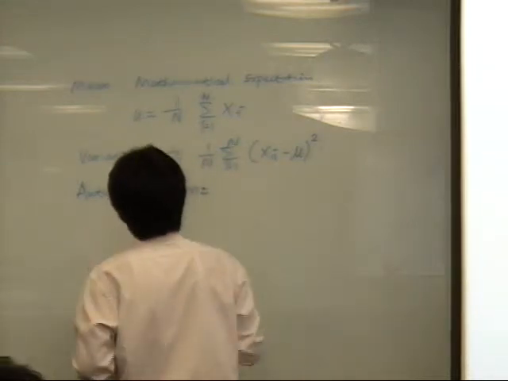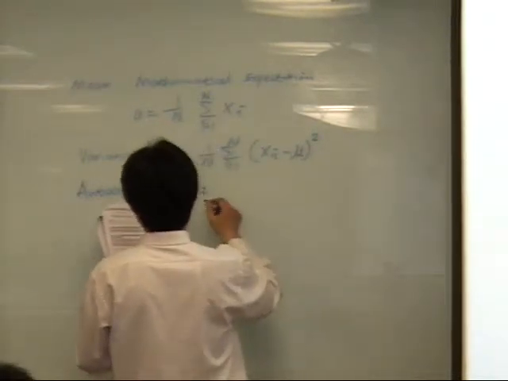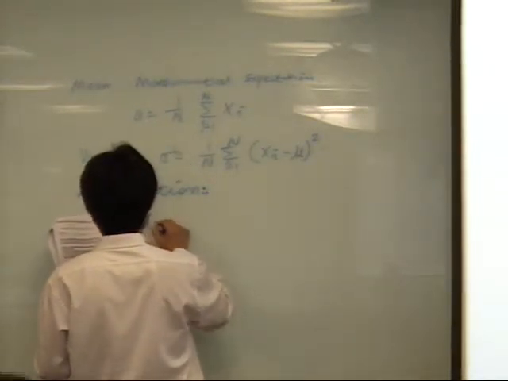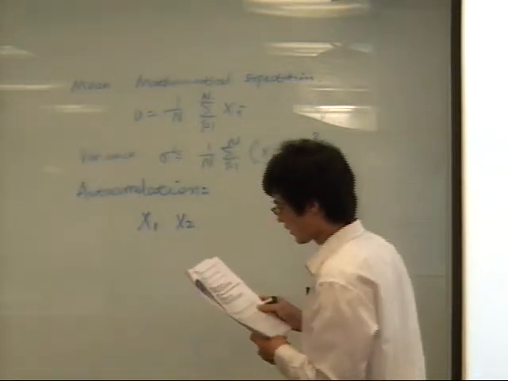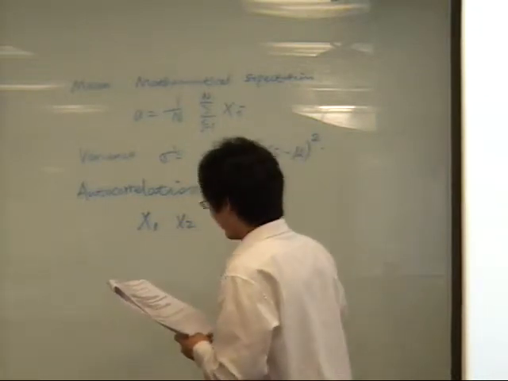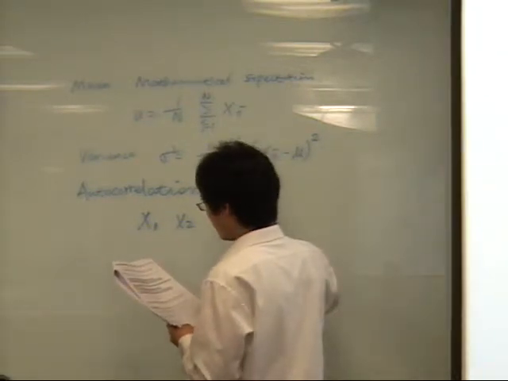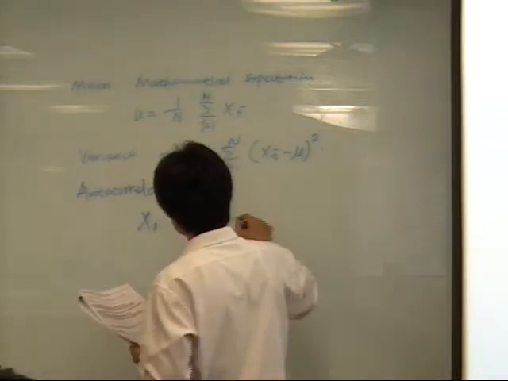This is why I call it the definition. So we have two random variables, and we know the joint probability of these two things.